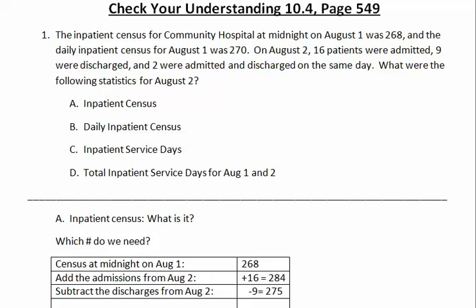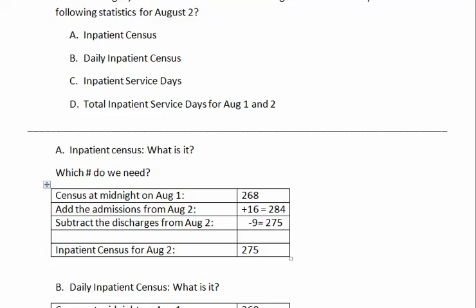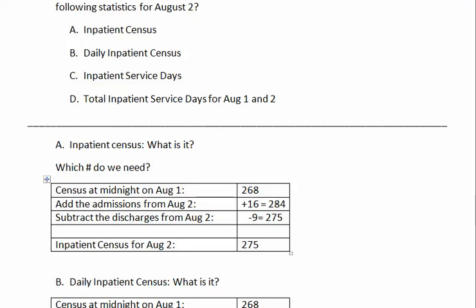So it tells us that on August the 2nd, 16 patients were admitted. So you would add those and get 284. Then we've got to subtract our discharges. 9 were discharged. So that gives us 275. So your total inpatient census for August the 2nd would be 275.